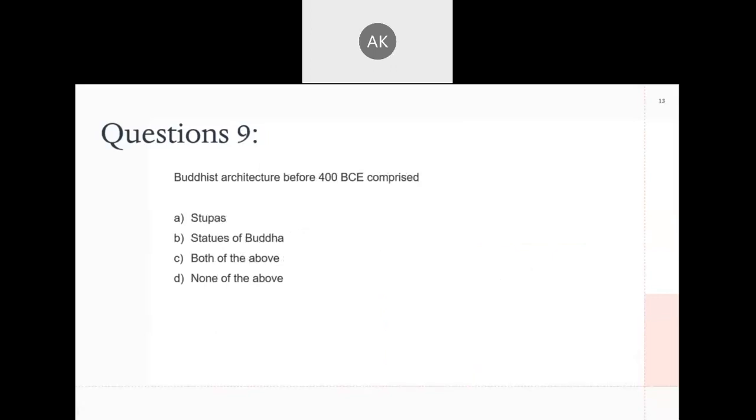Okay, question number 9. Buddhist architecture before 400 BCE comprised of what? Stupas, a statue of Buddha, both of the above, or none of the above?